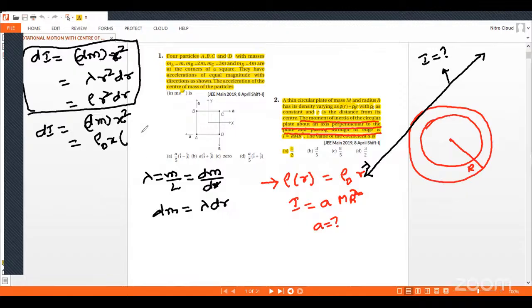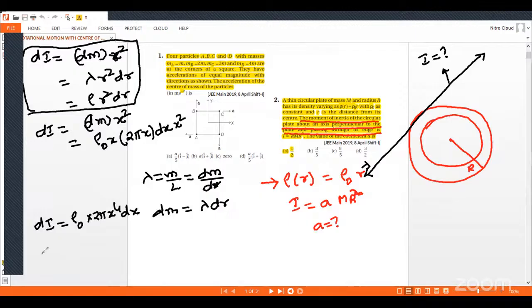Length of a circle is circumference, that is 2 pi x, into dx times x square. So dI equal to rho naught into 2 pi x power 4 dx. Okay? Fine.